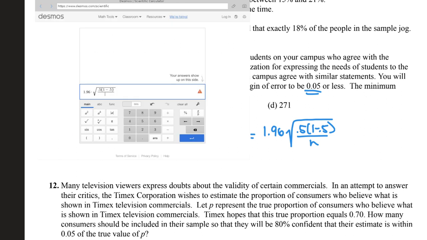All right, so I'm going to plug in my answer choices. Let's plug in 22. So that gives me a margin of error of about 21%. That's too much, so it can't be 22. I'm going to plug in 1795. That gives me a margin of error of 0.02. That's too small. So I'm going to plug in 385.